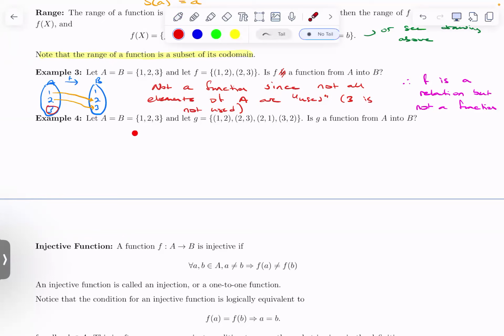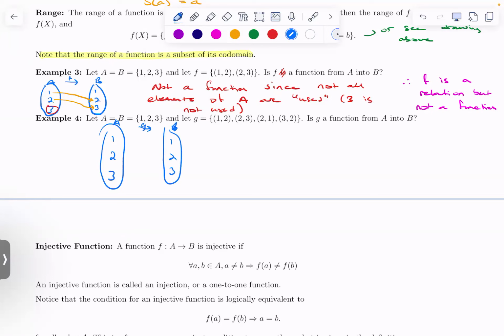Same scenario again, 1, 2, 3 mapping to 1, 2, 3, and we've got G. I think the easiest way to figure out if it's a function is just to look at it, right? So again, A: 1, 2, 3, and B, and I've got this relation G. Wow, that's sloppy.